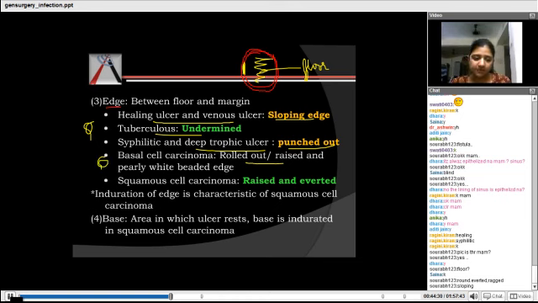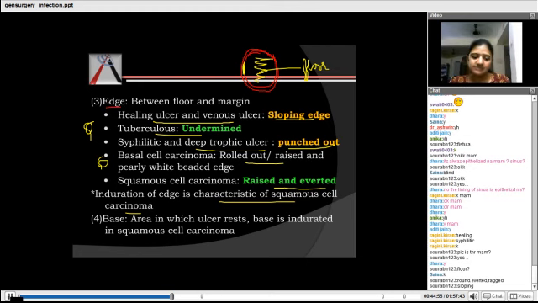Remember these words, important. A squamous cell carcinoma will be raised and everted. Induration of the edge is also characteristic of squamous cell carcinoma. Induration means a little thickening: thick and firm. The edge will be thick in squamous cell carcinoma.